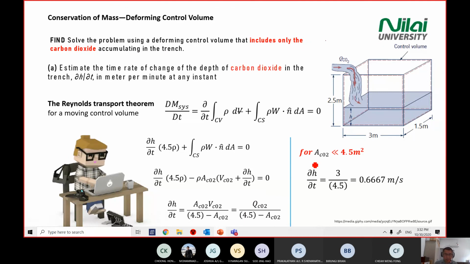Because this is a division problem here, Q divided by 4.5 minus A CO2, we can only solve it if our area for CO2 is much less than 4.5. If not, our equation will become an infinity question. Something divided by 0 is an undefined question.